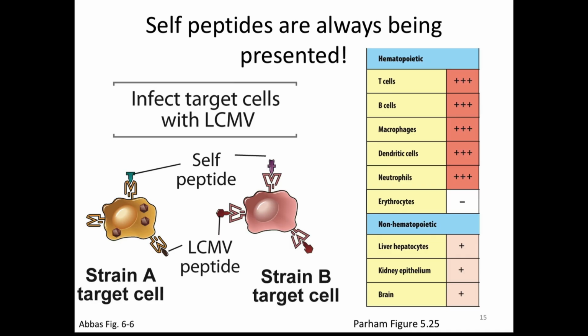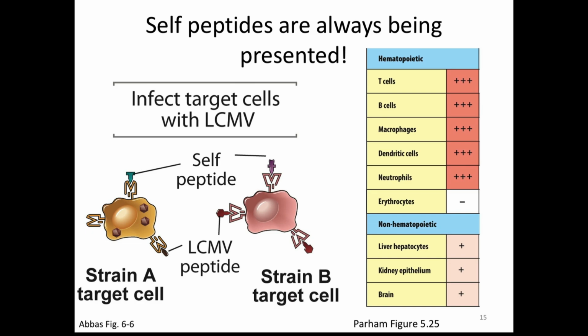What might be happening if the cell stops presenting on class 1? Why might a cell stop presenting on class 1? You might have even seen a slide of it earlier in the semester. Yeah, Abigail.